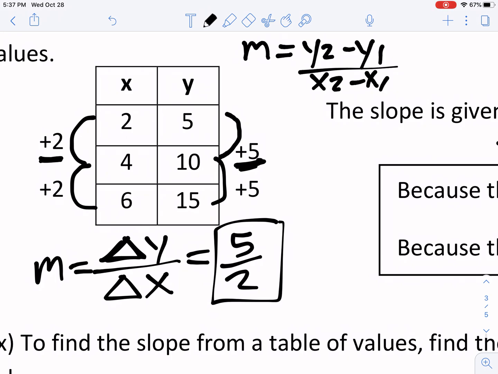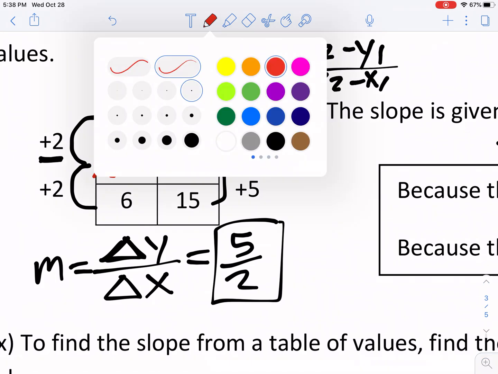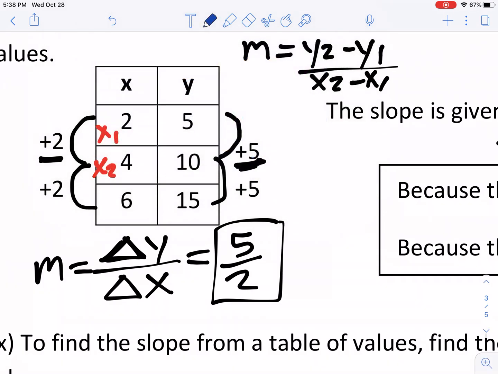It's really the same idea, just applying the 2-point idea. All we really need is 2 sets of points. For instance, I could call this one my x1, the first x, and this one x2, the second x. We don't need more than just 2 points, so as long as you pick out 2 points in the table, you'll be fine. Then let's choose these to be y1 and y2.